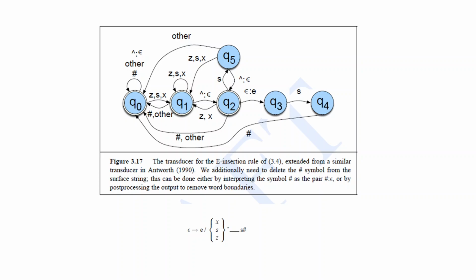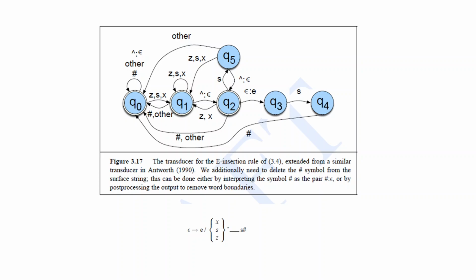For any sort of orthographic rule, if you want to design a transducer for it, the general idea is to ignore all of the characters except for whatever is required in that orthographic rule.